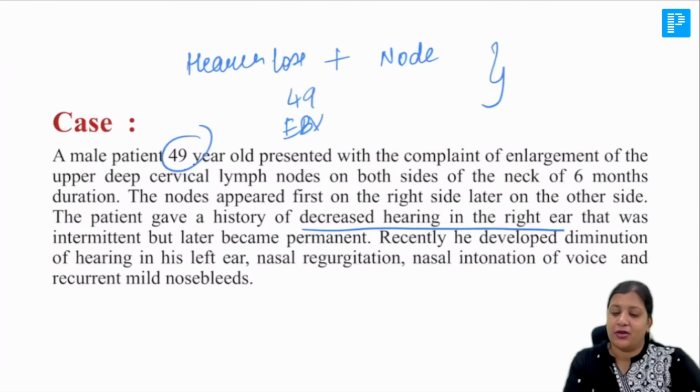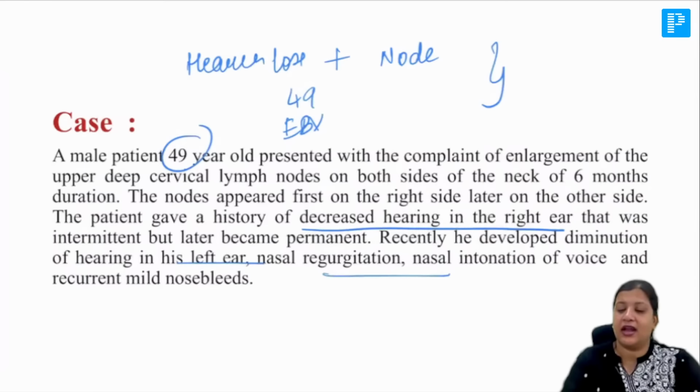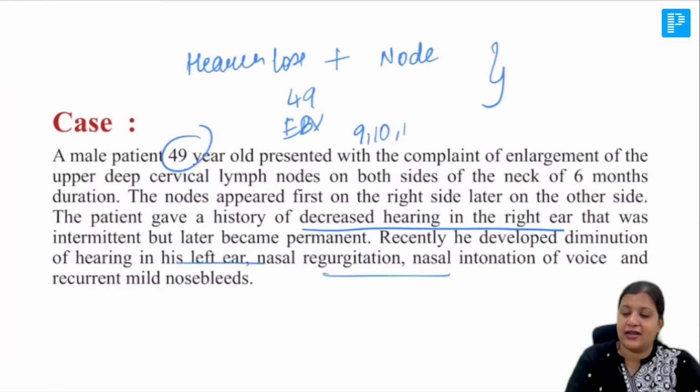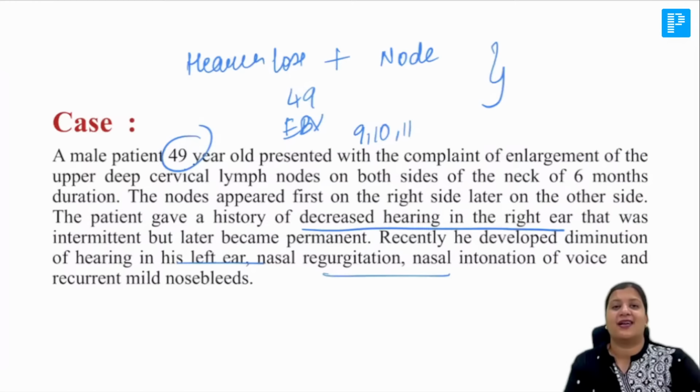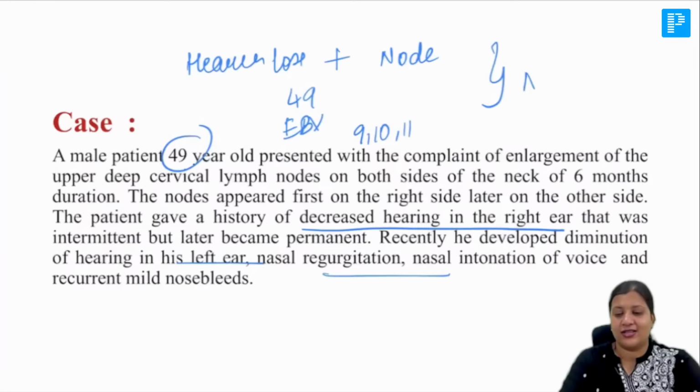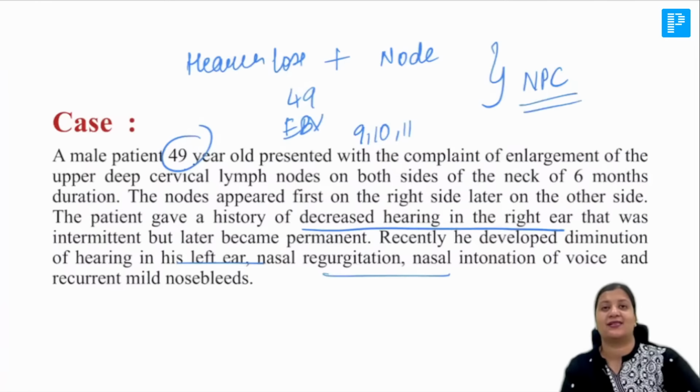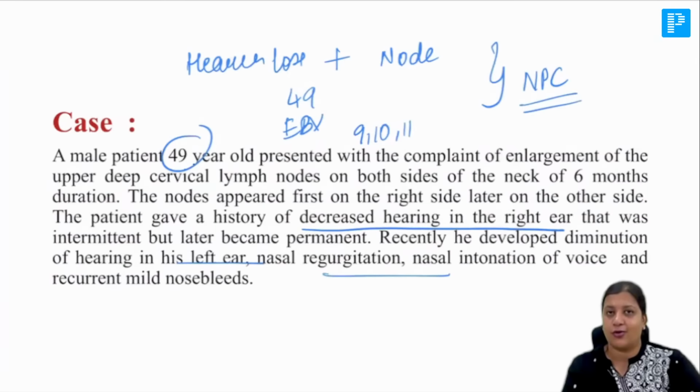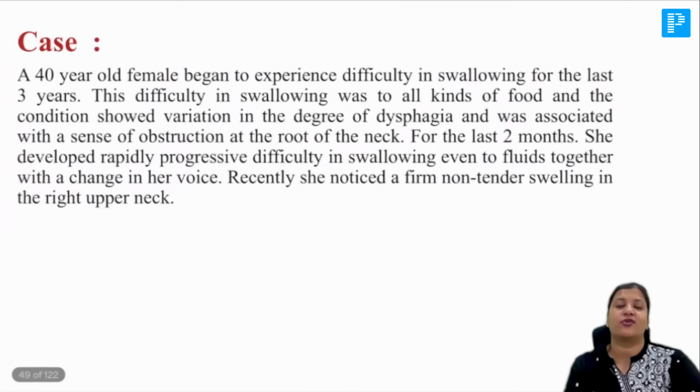Recently, he developed diminution of hearing in the left ear with nasal regurgitation, indicating cranial nerve palsies 9th, 10th, and 11th. What is the answer? Is it nasopharyngeal cancer? Yes. The reason for doing these cases is that not every time will you be able to get through the diagnosis only when you have options in front. You should be able to get through the diagnosis even without options.